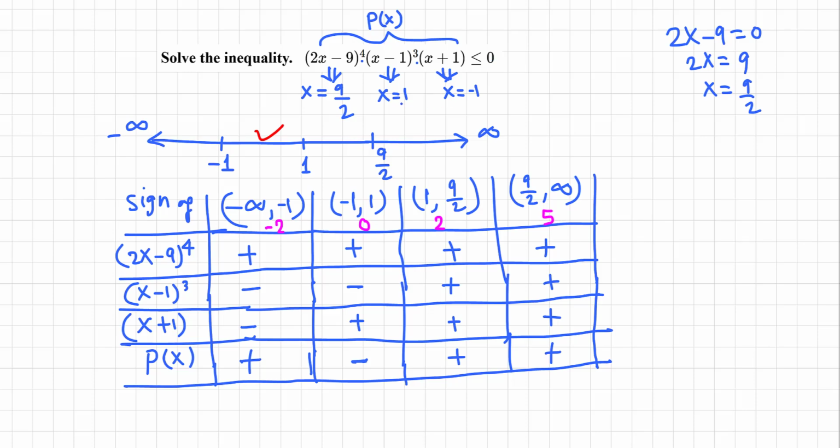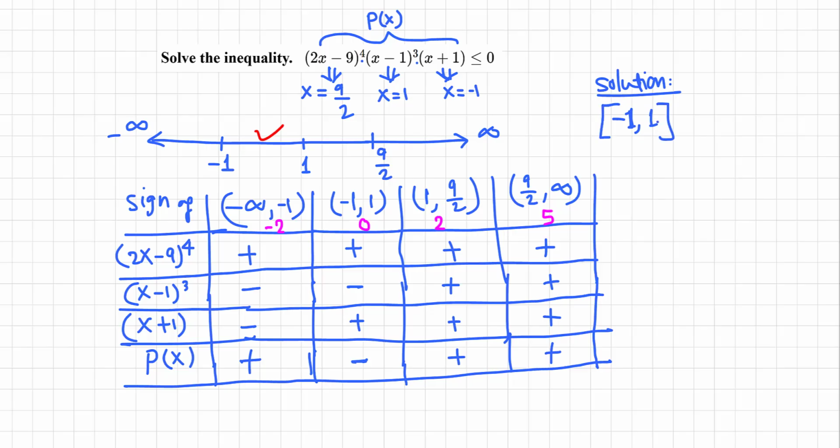And equal to 0 means these numbers are also included. 9 halves, 1 and negative 1 are also included, and this interval. So let's write down the solution. So the solution is these numbers, all of them are included. So first this interval, negative 1 to 1, and these numbers are included because these three numbers make this one 0.